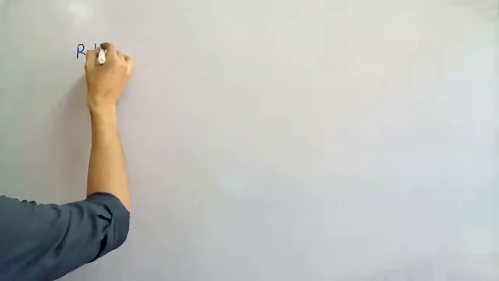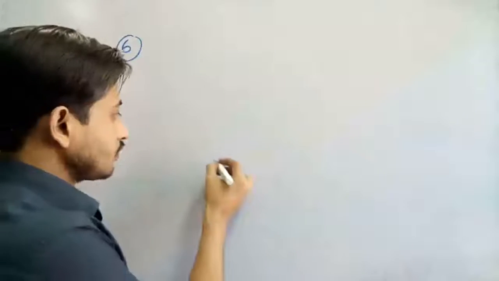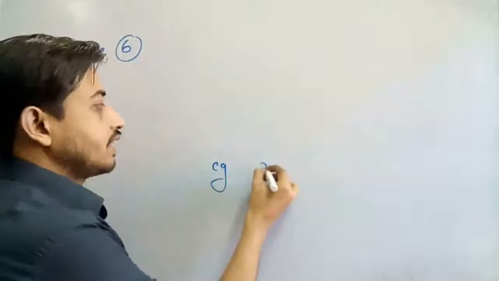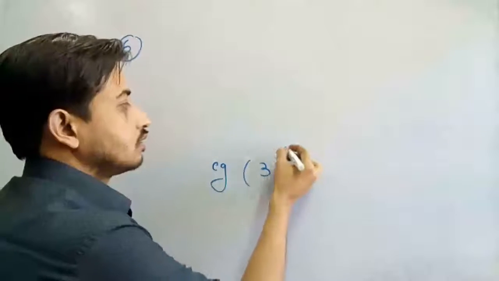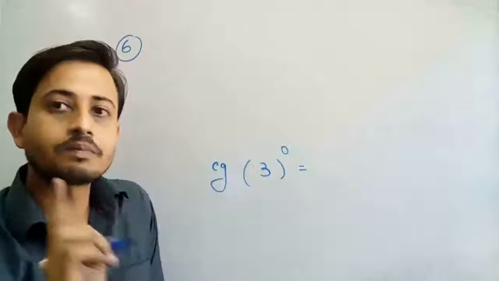Now look at rule number 6. If any term in terms of exponent and power has power 0, now what's the answer? For example, take 3 raised to the power 0. The exponent is 3 but the power is 0.